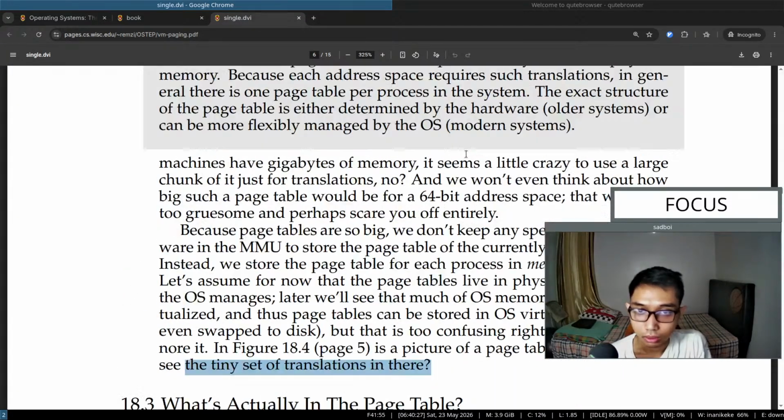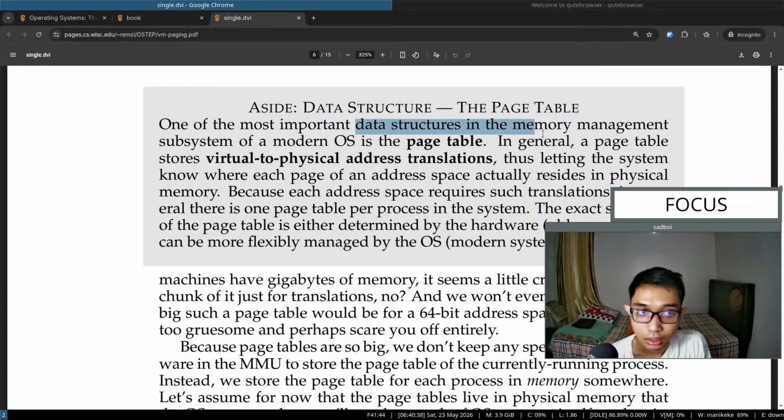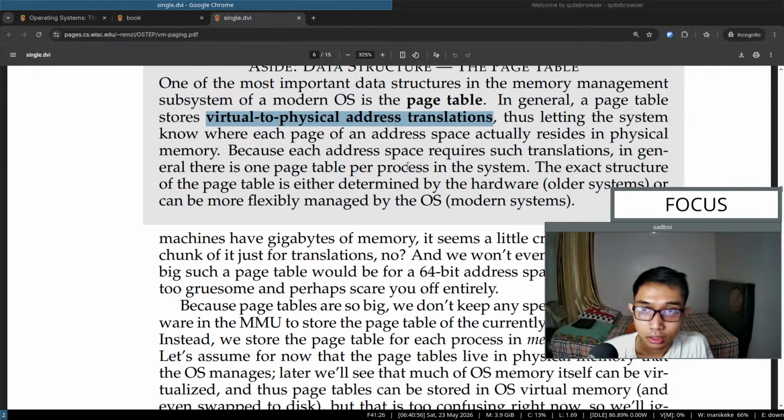Okay, wait, before we continue, let me read the aside. Aside: data structure, the page table. One of the most important data structures in the memory management subsystem of a modern operating system is the page table. In general, a page table stores virtual-to-physical address translations, thus letting the system know where each page of an address space actually resides in physical memory.